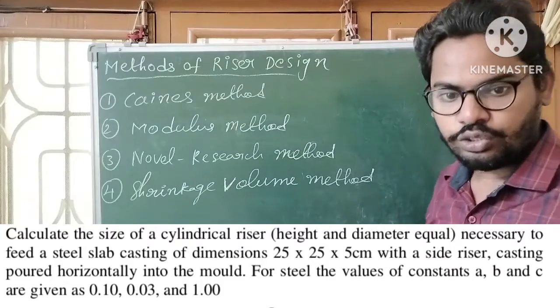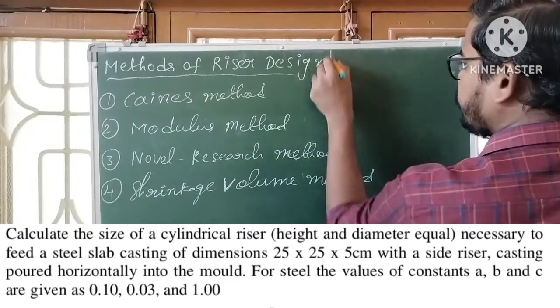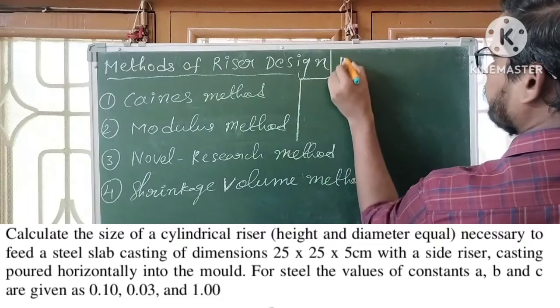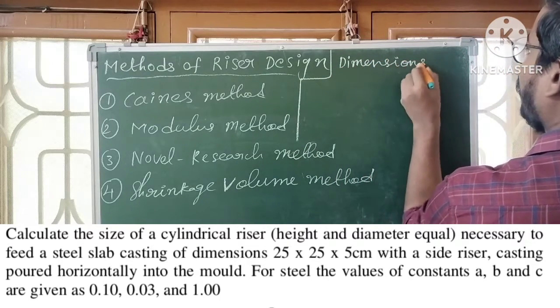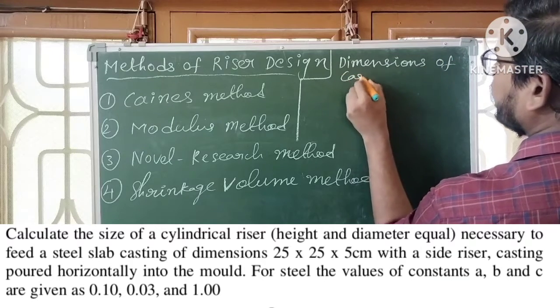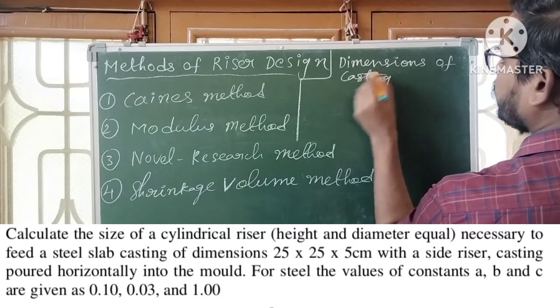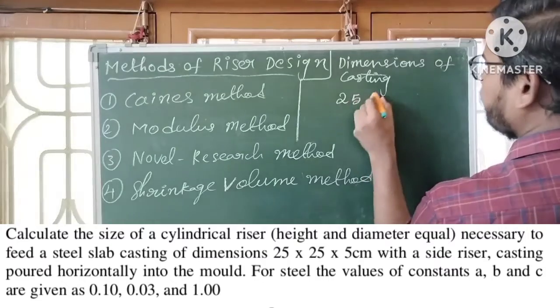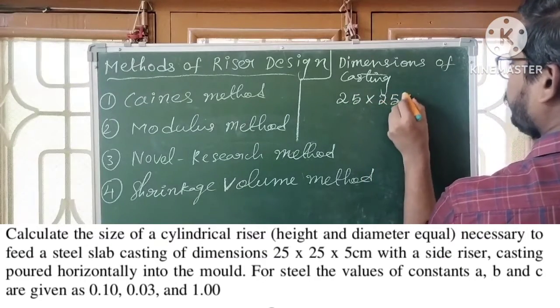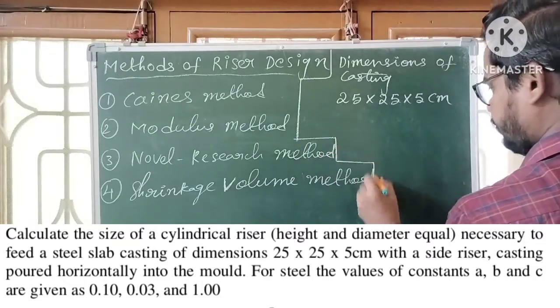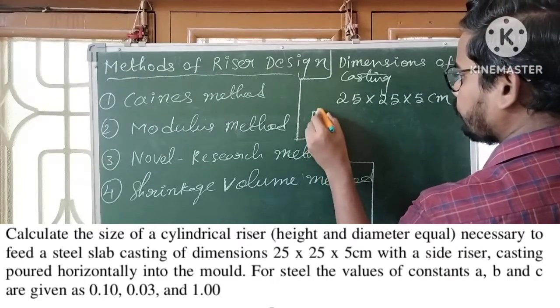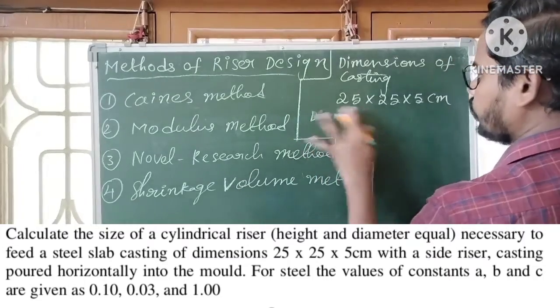So in this question, the given dimensions of casting are 25 into 25 into 5 centimeters. Next, the dimensions of the riser.